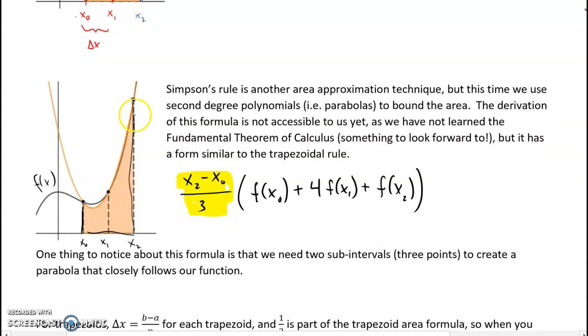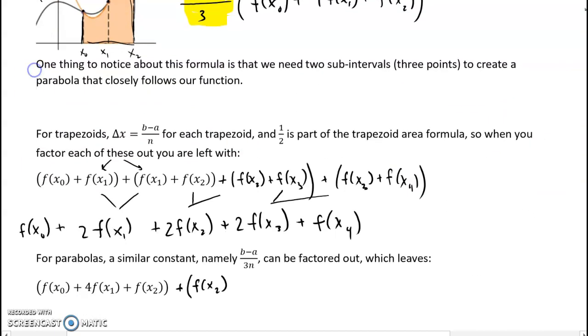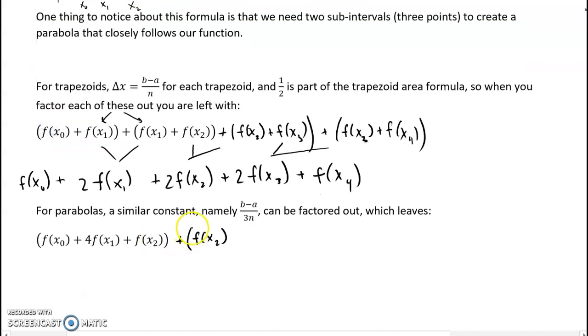Same idea here. We're going to have that common border between the two parabolic chunks. So we're going to pick up where we left off, but then the middle one has that coefficient of 4, and then we have f of x, let's see, we're on 3 now, right? F of x3, and then we end up with a single f of x4.